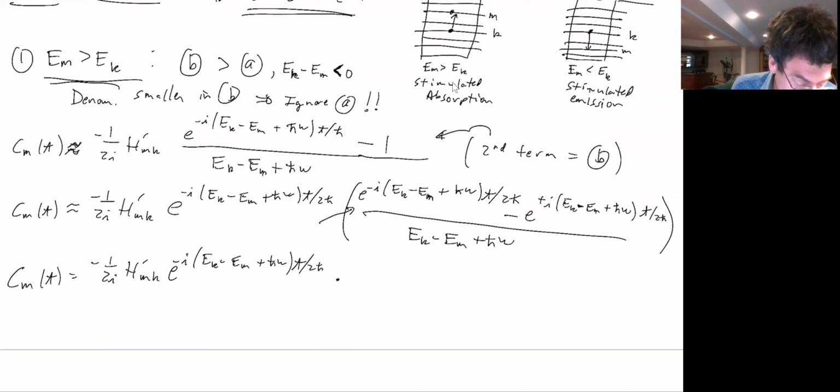It's going to be actually 2i. Let me just get all the signs right. It's cosine plus i sine.